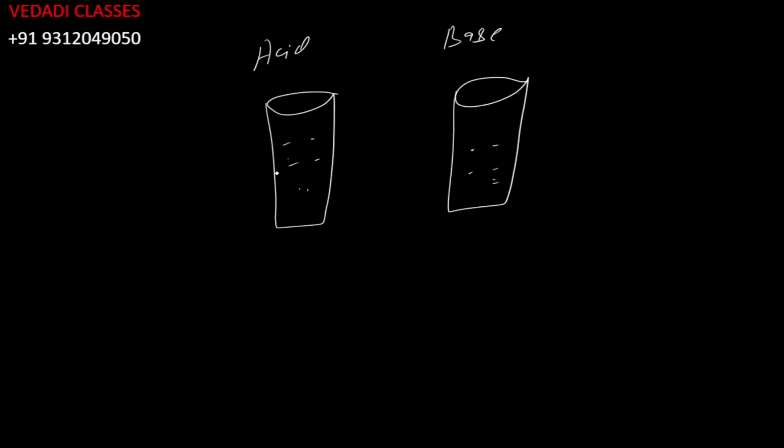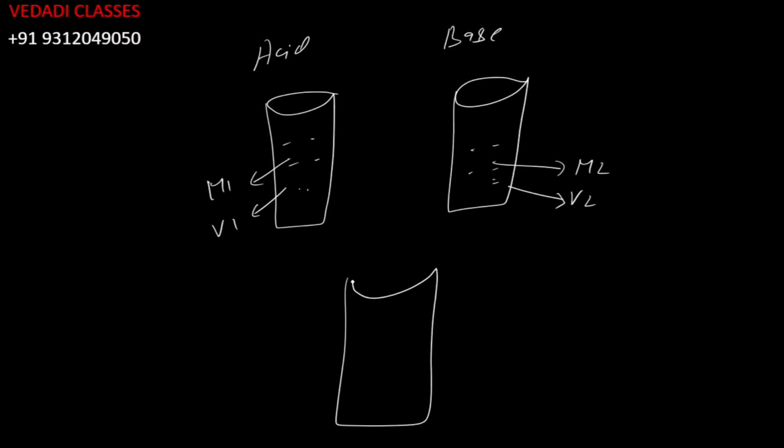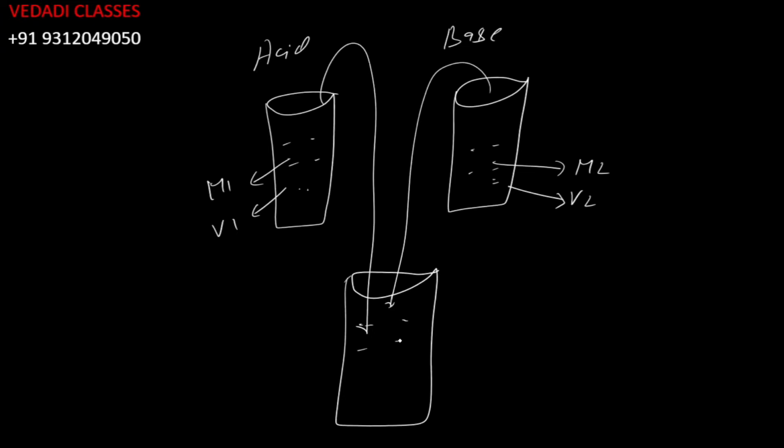Whatever molarity they have, it will be M1 V1 and M2 V2, and when you mix them, the volume will be V3, that will be equal to V1 plus V2.